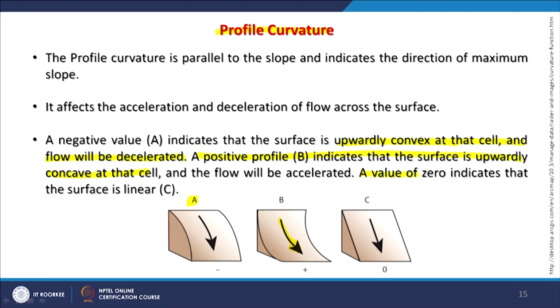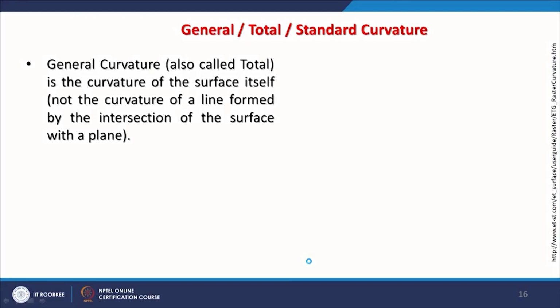And of course, when the value is 0, the surface is linear, and this example is C, where this is a straight line as shown here. So, this is negative, this is positive, this is 0. Negative means it will be upward and it will decelerate the flow conditions, whereas it will accelerate the flow conditions, this is plus.